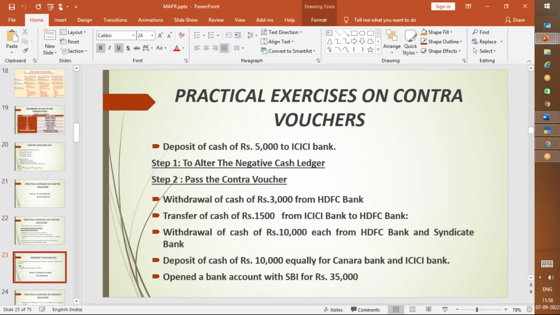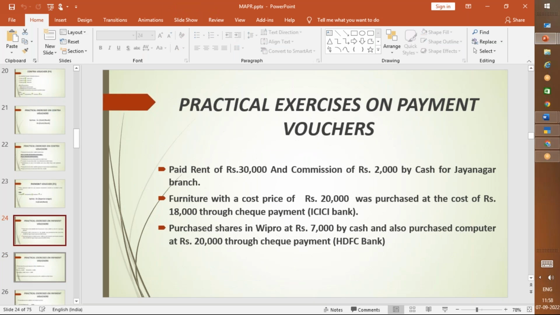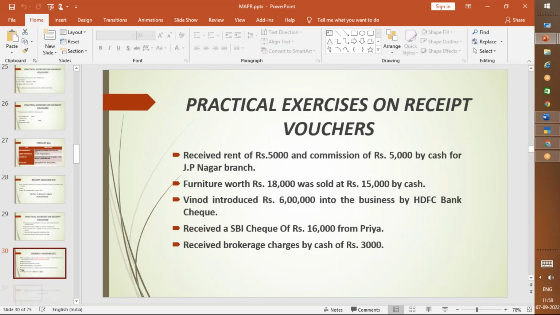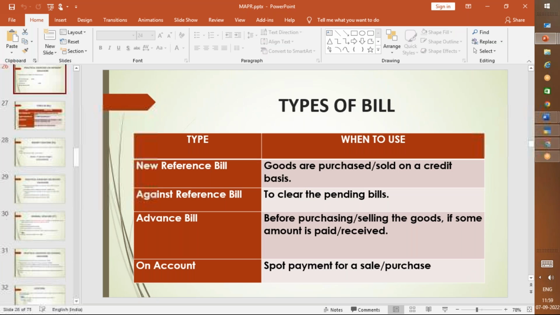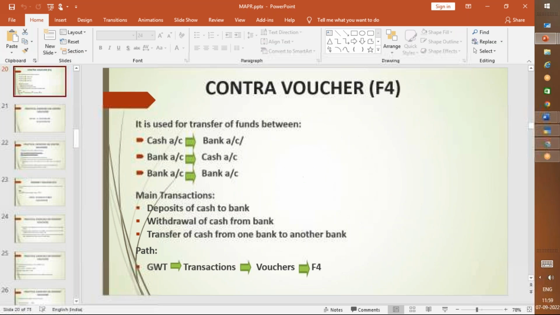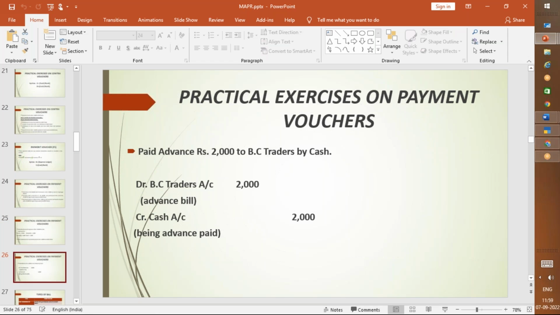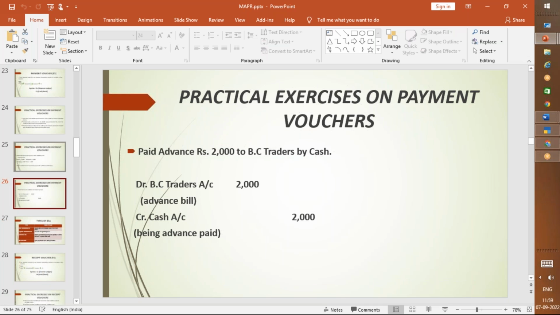It is a report where you can view day-to-day transactions. All the transactions will be visible day-wise.